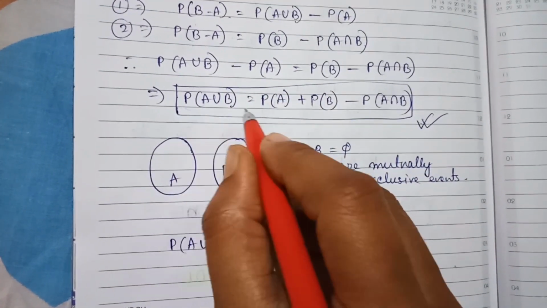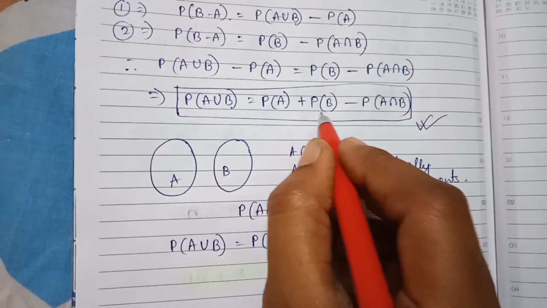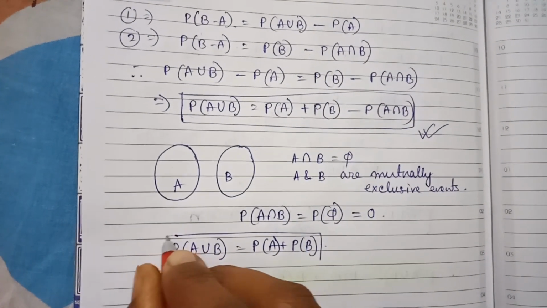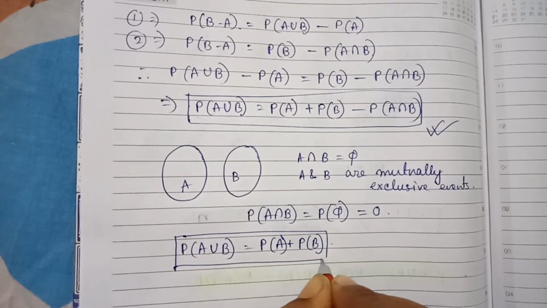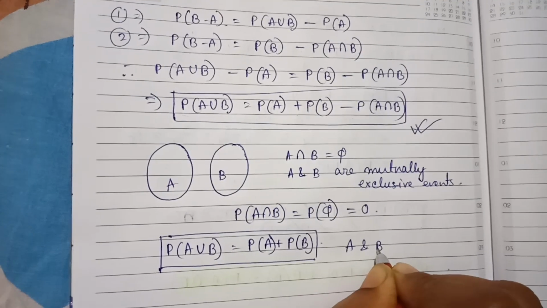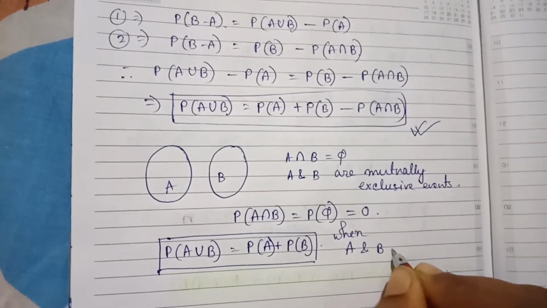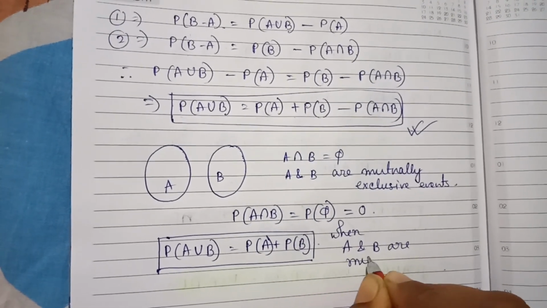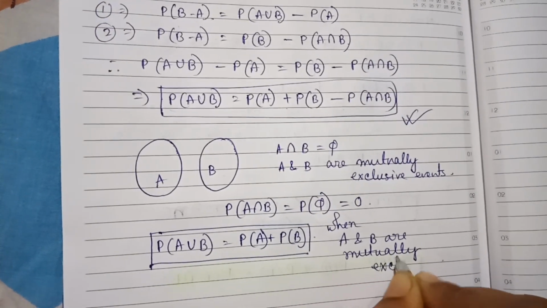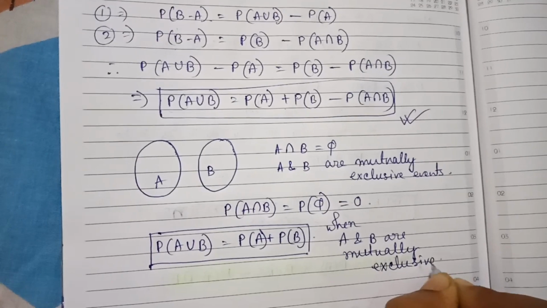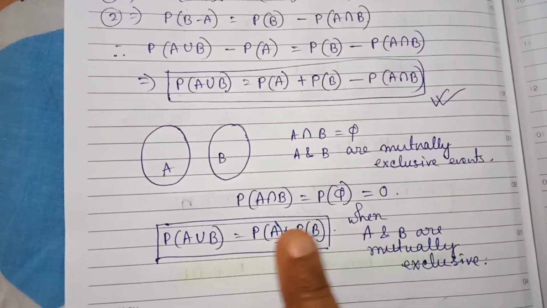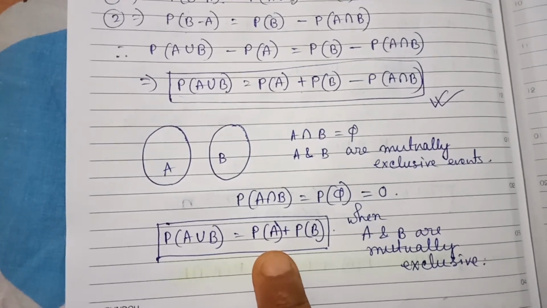P of A union B equals to P of A plus P of B. So this is another condition valid only when A and B are mutually exclusive. Okay, did you understand it? Mutually exclusive sets will give us this condition.